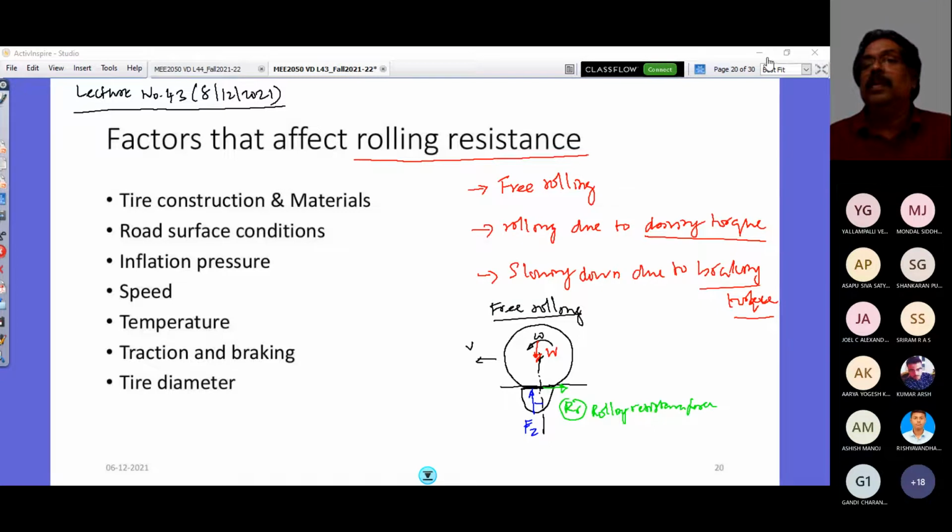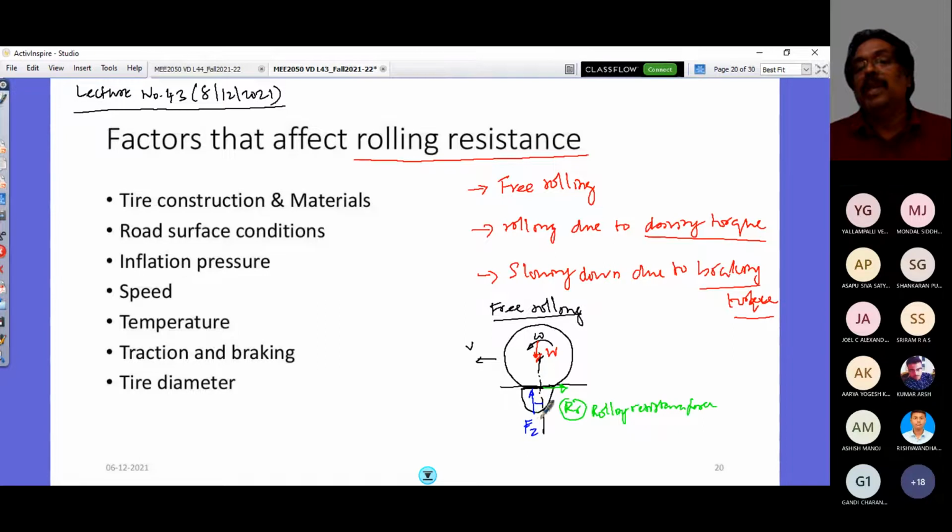Yeah, thank you. So here you could see this rolling resistance force manifesting to balance this couple. And what is this couple? Fz in this offset distance. It's a clockwise couple or clockwise moment about this, and that is against the rotational movement of the wheel.